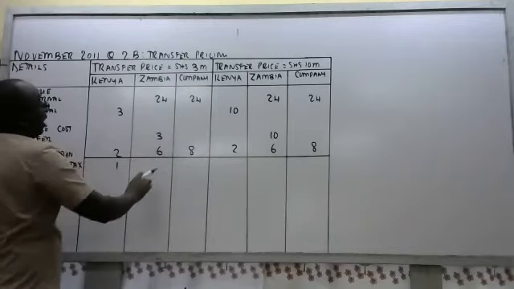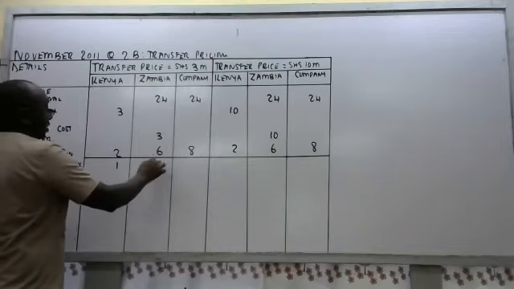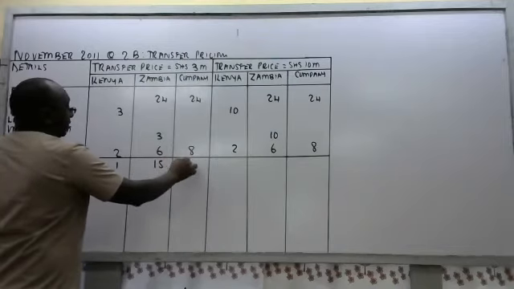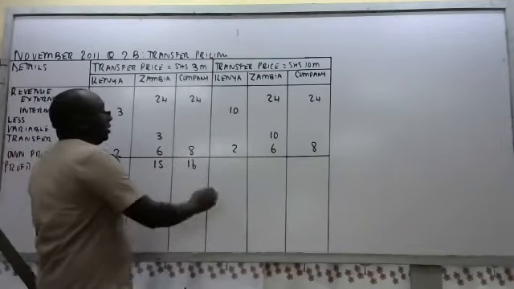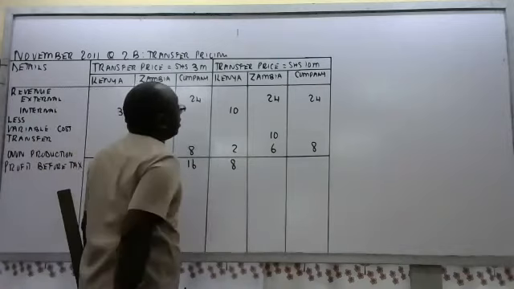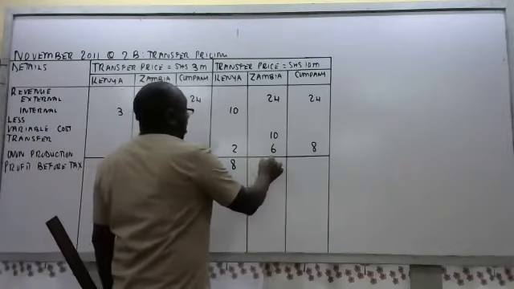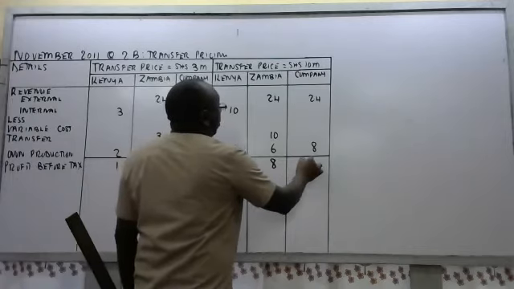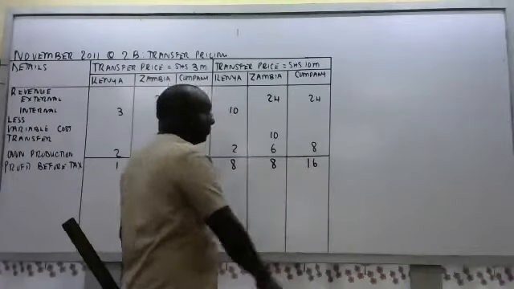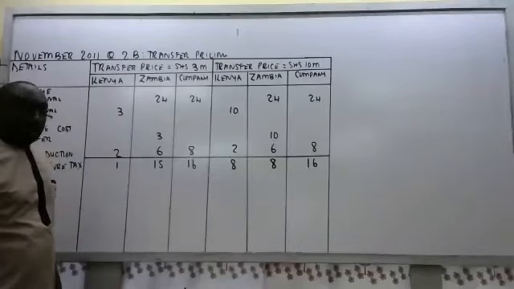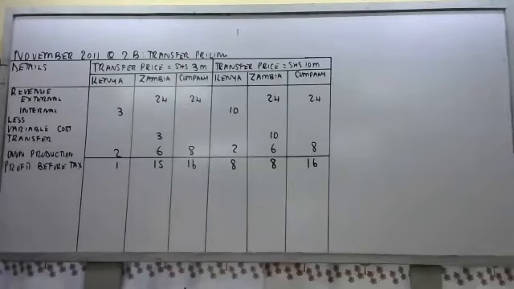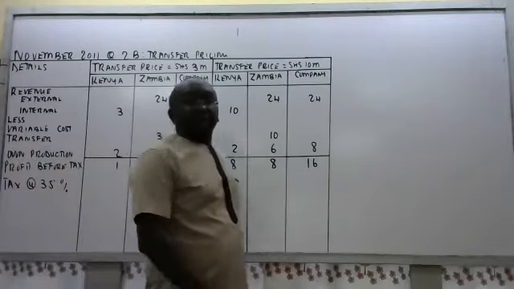This is 9. This is 15. And then this is 16. This is 8. And then this is 8. And this is also 16. Then we get the tax at that 5%.